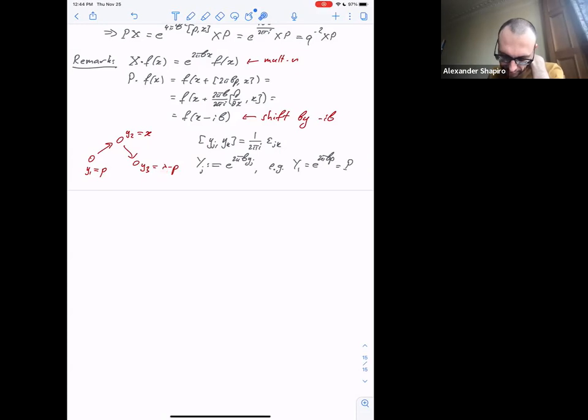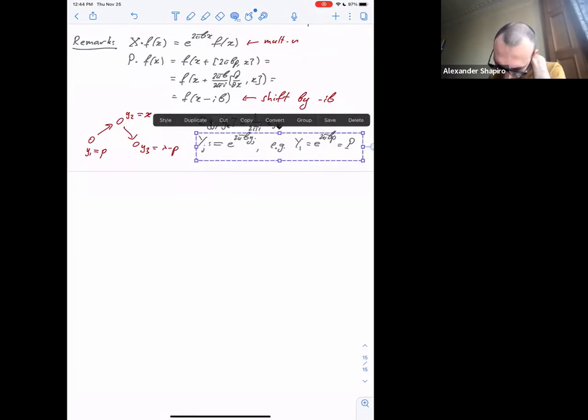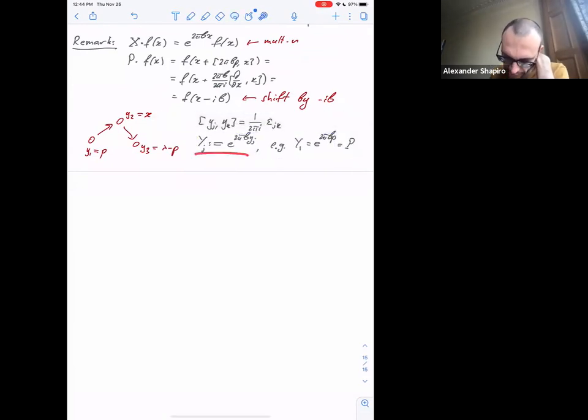So for each generator of the center, for each Casimir, there will be some variable lambda that just commutes with everything, right? And if we do this assignment, then we can see that the relations which need to hold, they hold. So Yj, Yk would just commute by q to the 2 epsilon kj, Yk, Yj as promised.